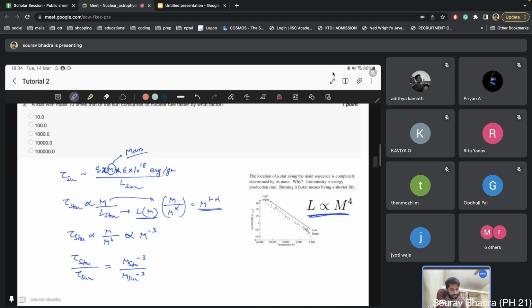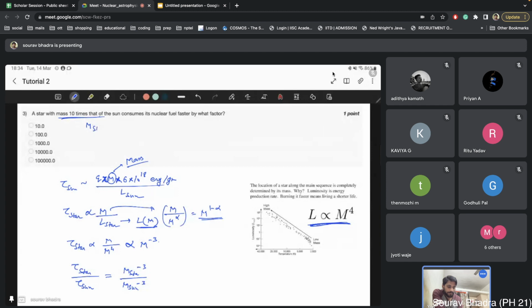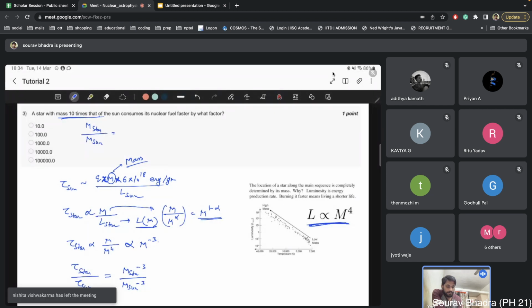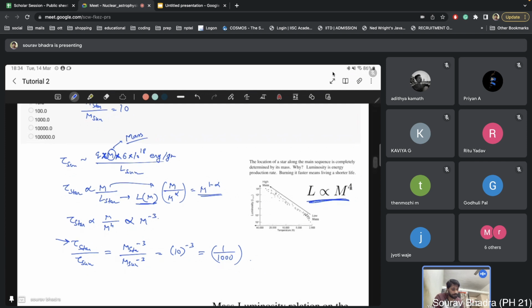Now, in your question it is given that a star has mass 10 times that of the Sun, that means m star by m sun is equal to 10. If we put it here, 10 to the power minus 3, that is 1 by 1000, right? So we have calculated that if this star has mass 10 times the mass of the Sun, then it has a lifetime which is less by a factor of 1000 than the Sun.